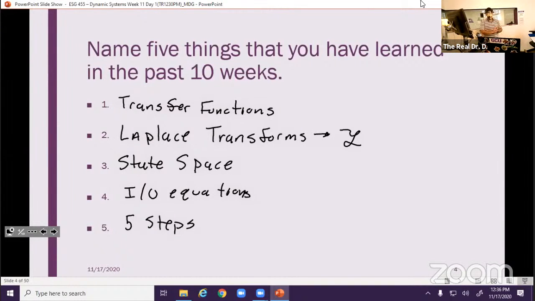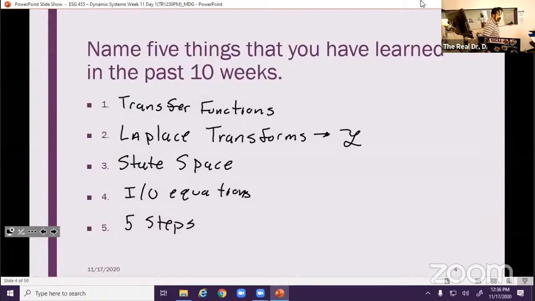All right, so people have been paying attention. Great. So we're going to do more with transfer functions and Laplace transforms today. That's the whole idea behind impedance, right? State space, right? We can see where that's useful, hopefully, from homework 4 in the lab. Those are two places where state space is really nice, right? Input-output equation, literally everything that we do is an input-output equation, right?